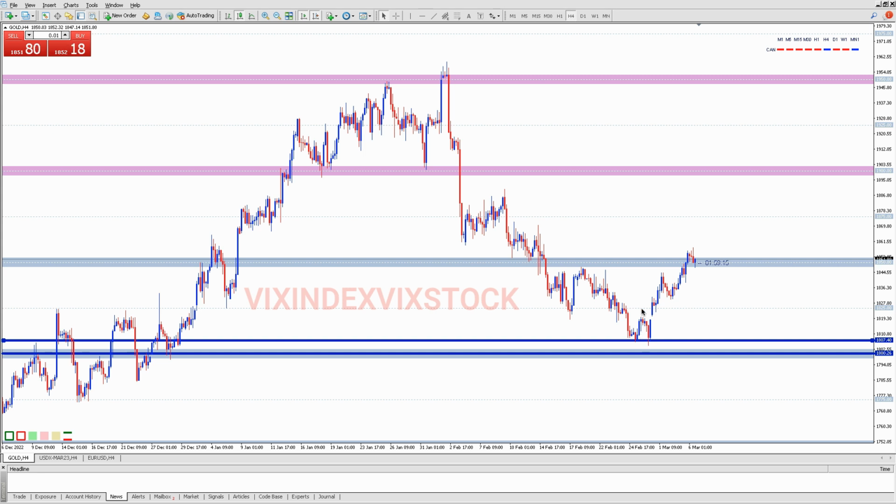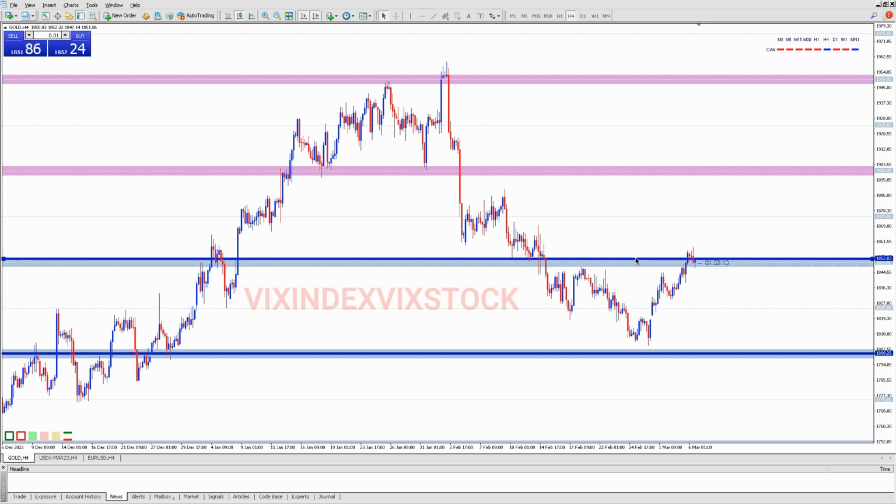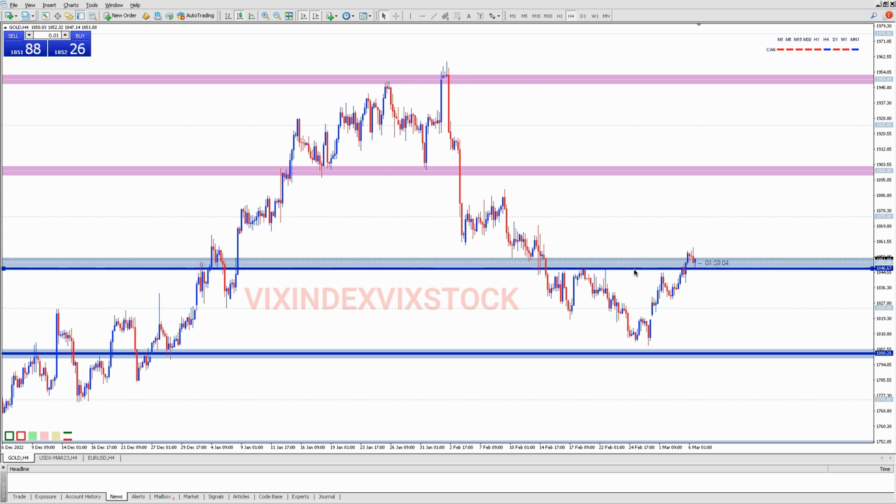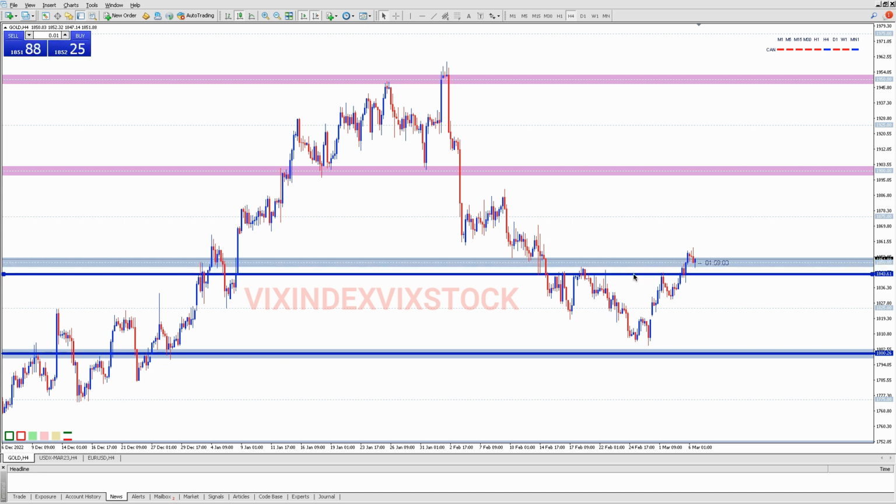My TP does not come here, although in the video I just told you that it's zone to zone. My TP is not exactly right to the pip. My TP is around this zone, and I'm also looking, that's the key thing, you also need to be looking for momentum.